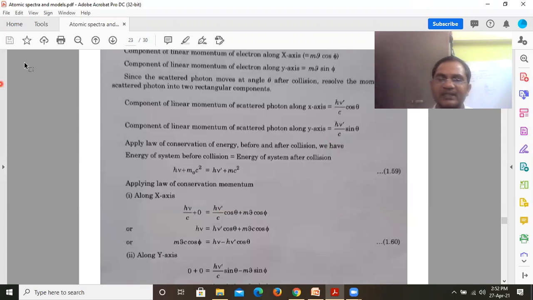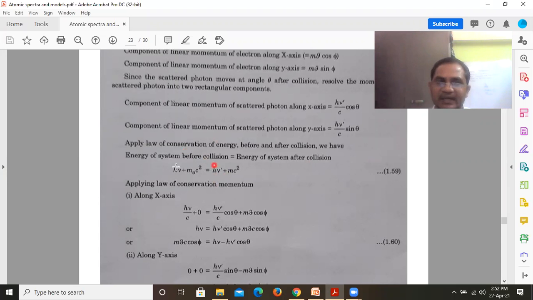Here the total energy is constant. Energy conservation is obeyed: the total energy before the collision must be equal to the total energy after the collision. In any collision, whether elastic or inelastic, the total energy of the system must be constant.